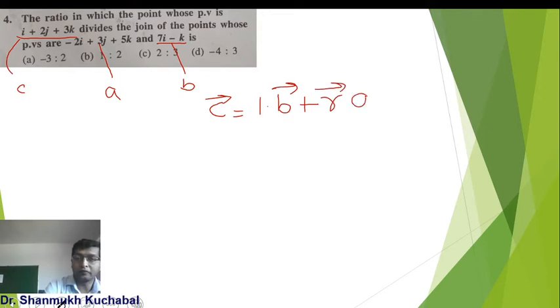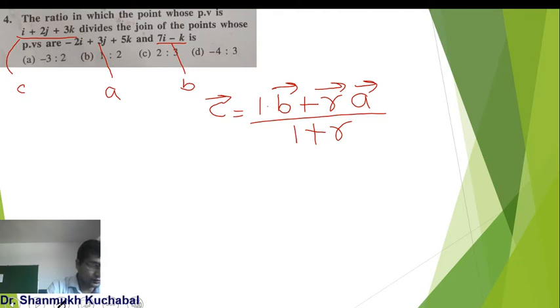The related formula for the ratio in which the position vectors are shared: vector C equal to 1 into vector B plus vector R into vector A, whole divided by 1 plus R. So substitute C, vector A and vector B. R we need to calculate.